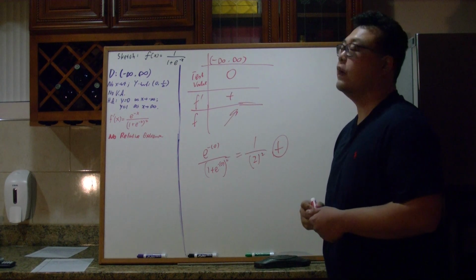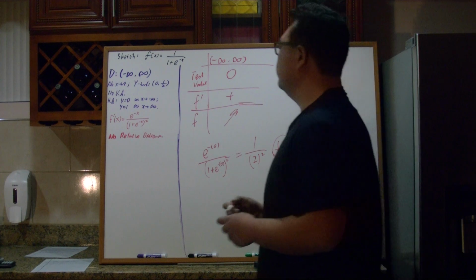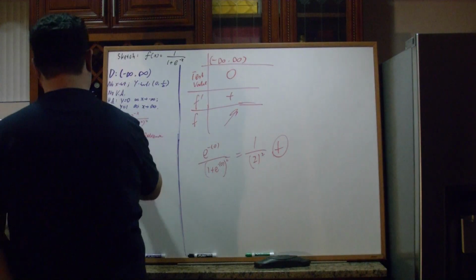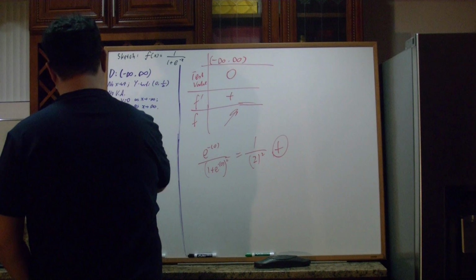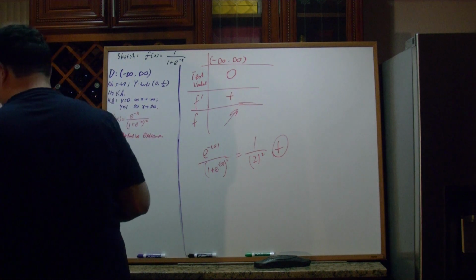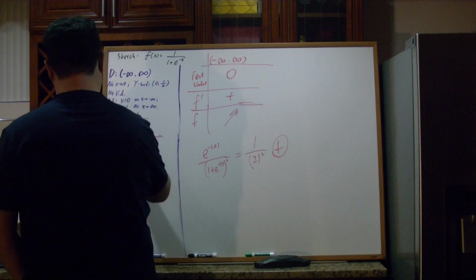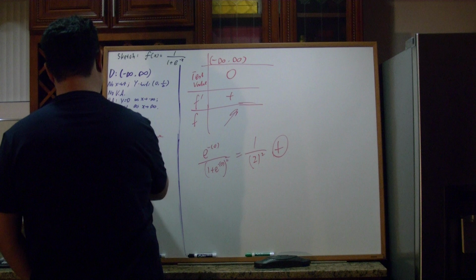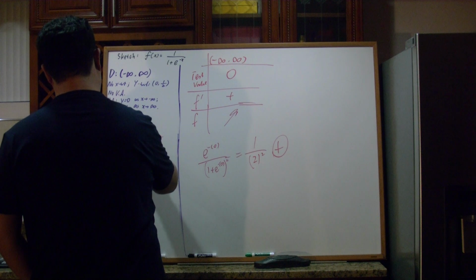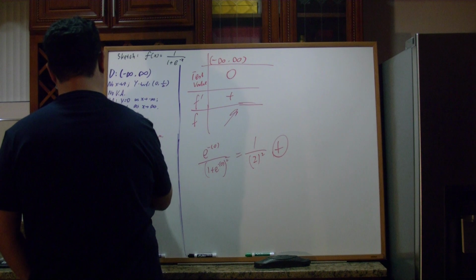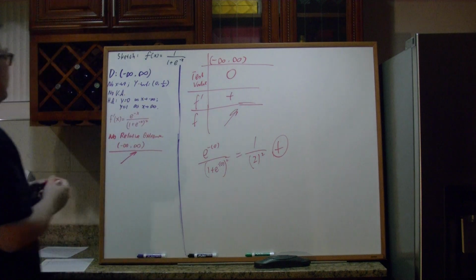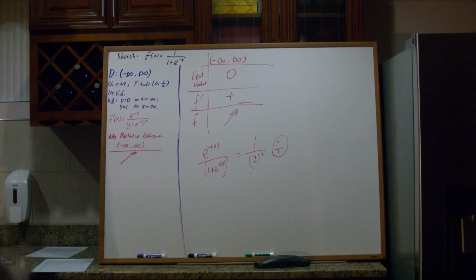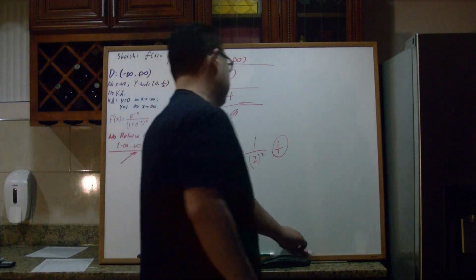Which yields the function to be increasing all the way. So from negative infinity to infinity, that function is always increasing. That's the conclusion for f prime and the increasing and decreasing intervals: it increases all the time.